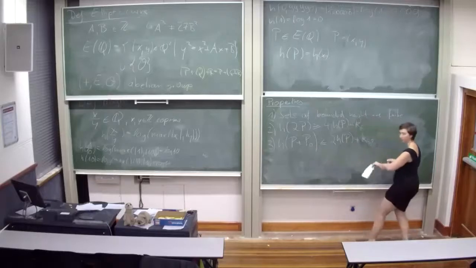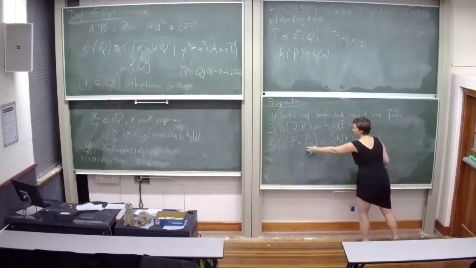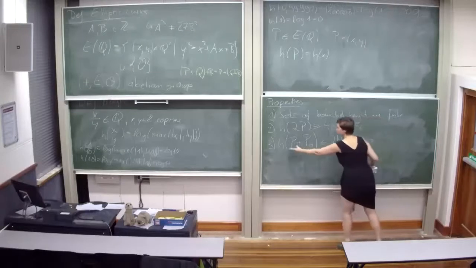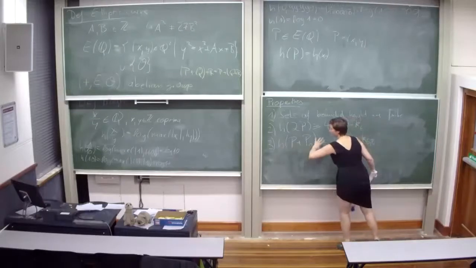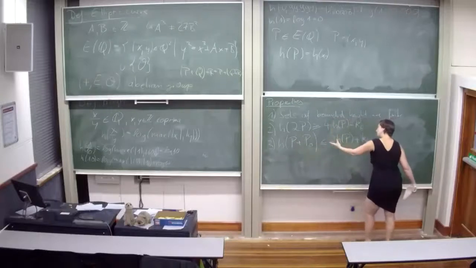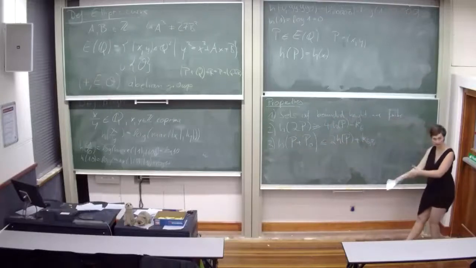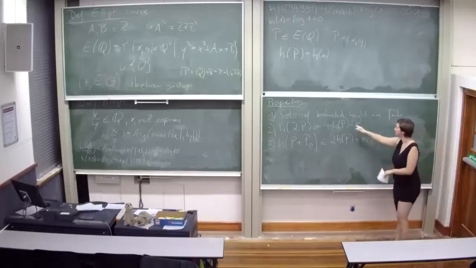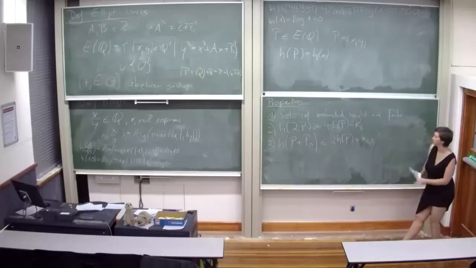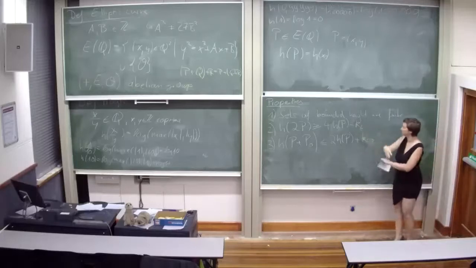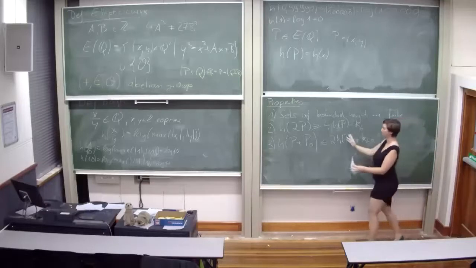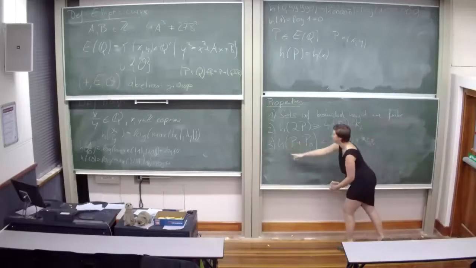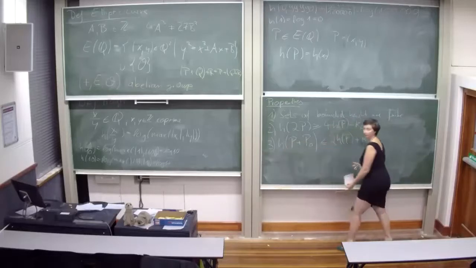So you take some point p0, and if you add another point to it, the height of the point that you get will be at most twice the height of the point that you add to the point, plus a constant. The thing is, in most proofs and in most applications, those constants are not a big problem. So the important thing is always the kind of intuition you get from this inequality.